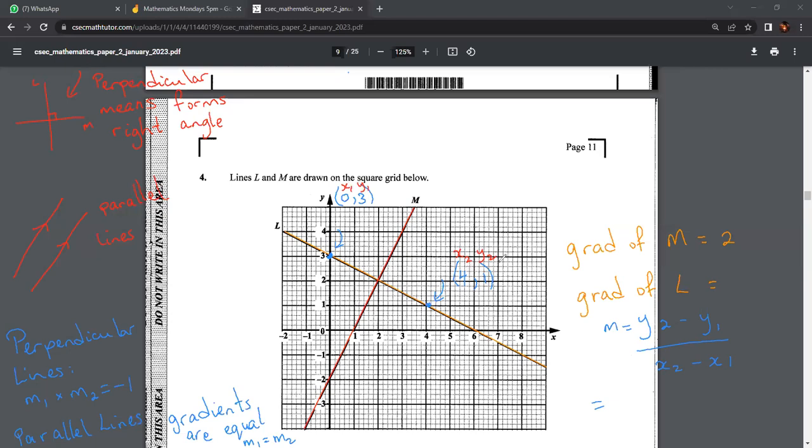So I could name this x2, y2, x1, y1. I'll take my y2 as 1 minus my y1 as 3 all over my x2, which is 4, minus my x1, which is 0.